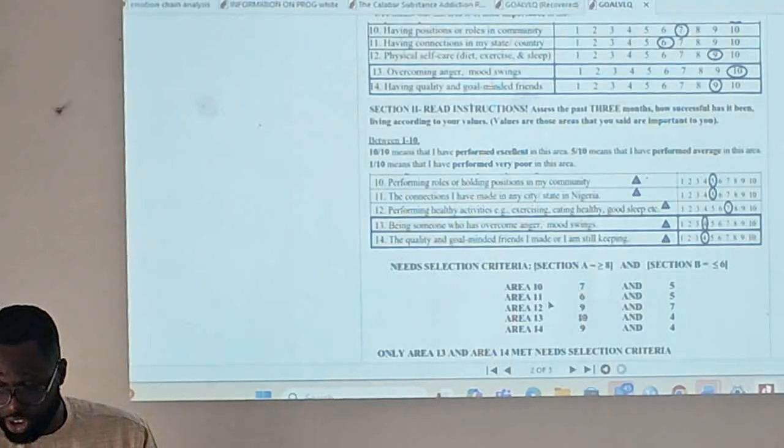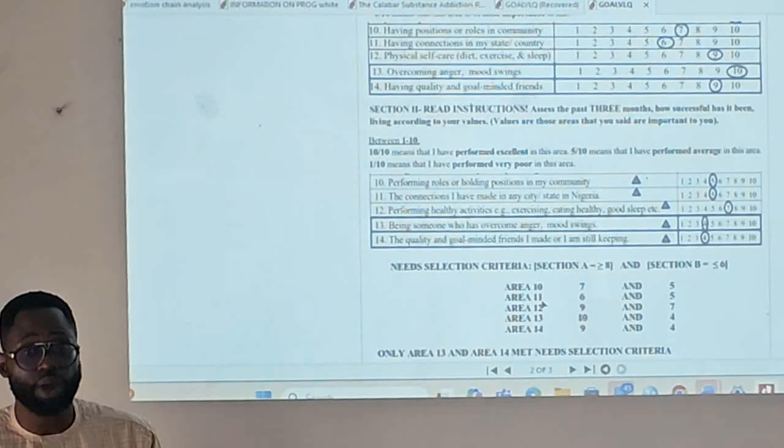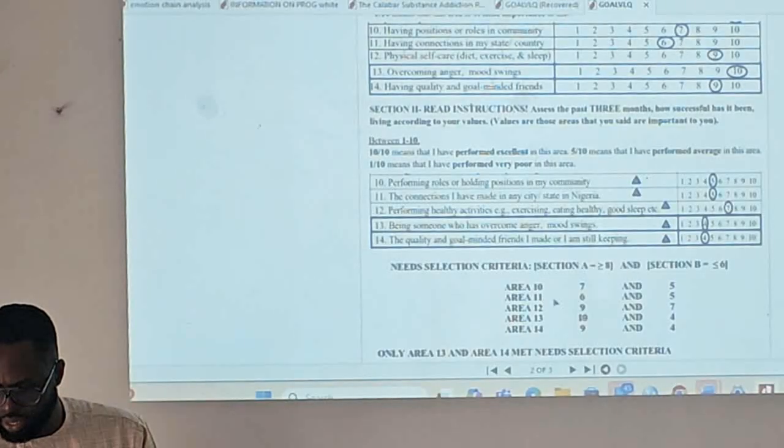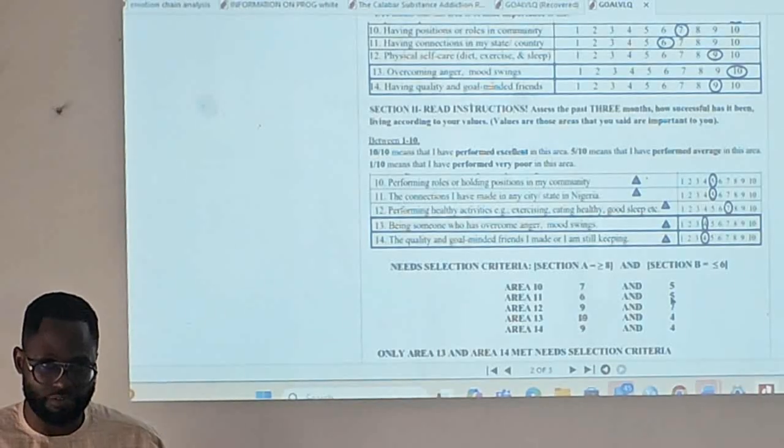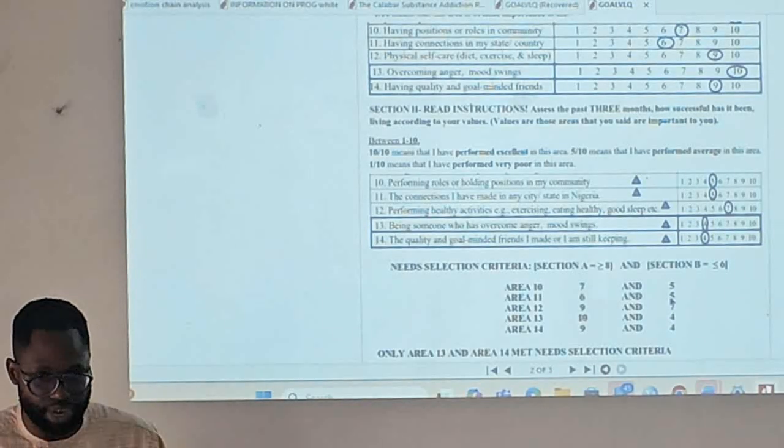Yeah, no. So area 11? No. Why? I can see 6 in section A. It's not more than 8 or more. Beautiful. Does section B qualify? That's below. So B qualifies, but A doesn't qualify. So the entire area doesn't qualify as a need.